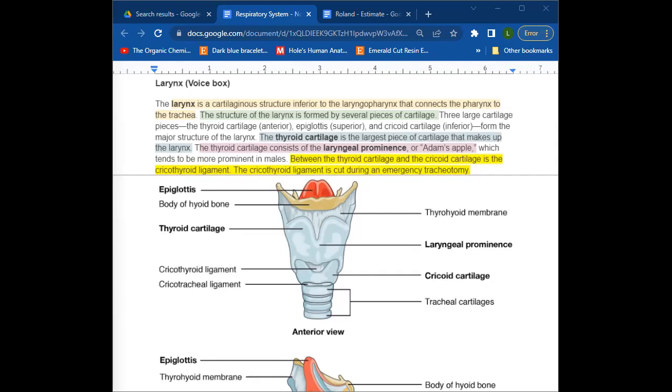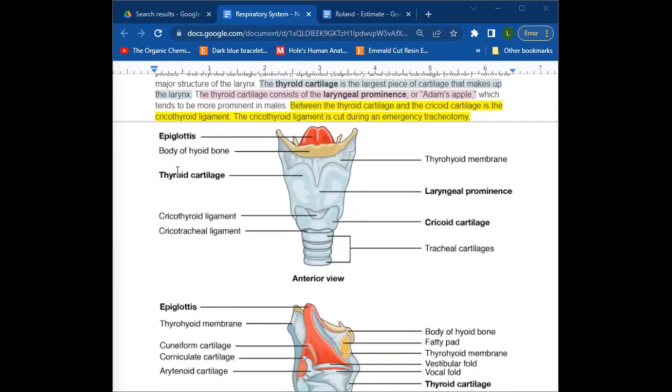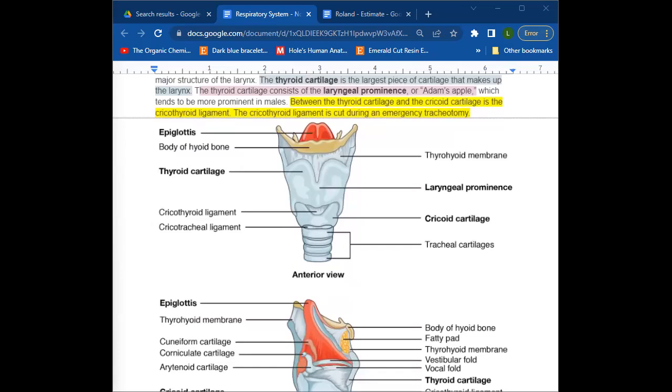Okay, now let's see, the cricoid cartilage. So we need to know that the cricoid cartilage is just this little piece of cartilage below the thyroid cartilage.